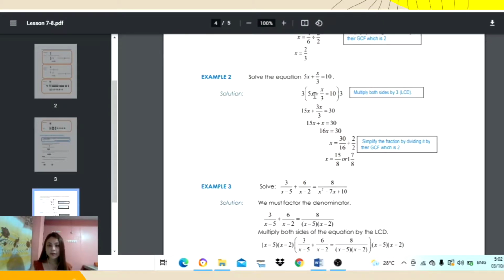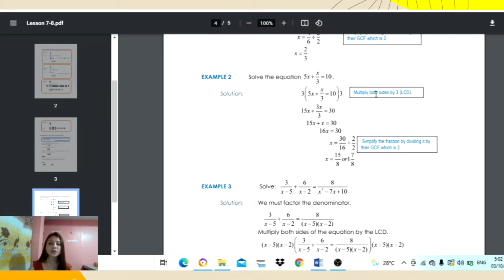So since 5x is just equal to 5x over 1, and 10 is just equal to 10 over 1, we'll have to find the LCD of 1 and 3 since those are the denominators present in our equation. So the LCD of 1 and 3 is 3.